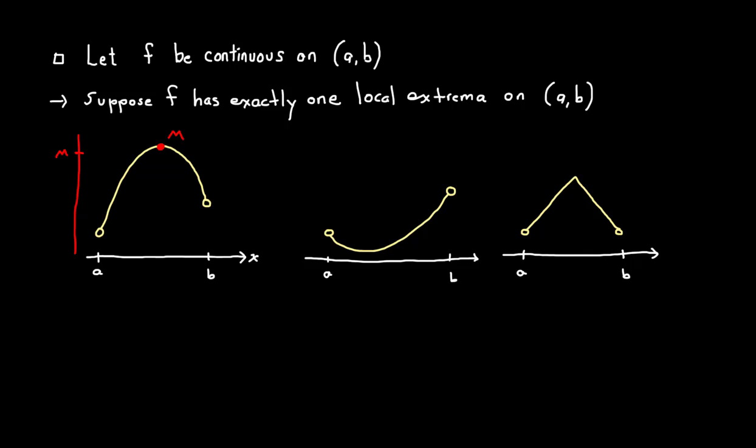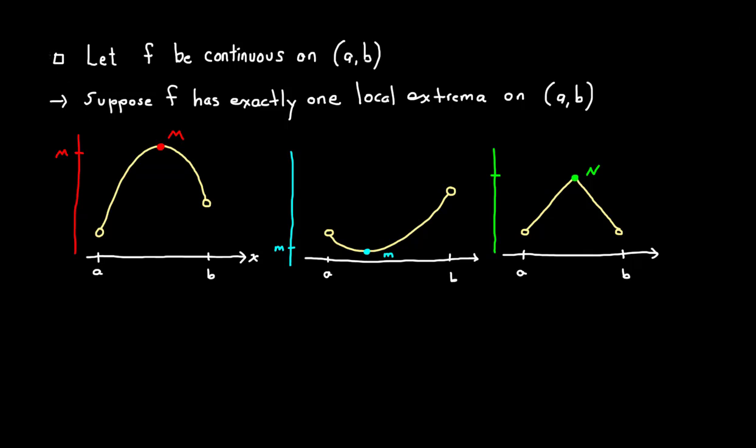Over here, I'm going to locate the local minimum, and that local minimum I'll label little m. And finally, in this example here, I'll locate the local maximum, and I will label it, it doesn't matter, n.